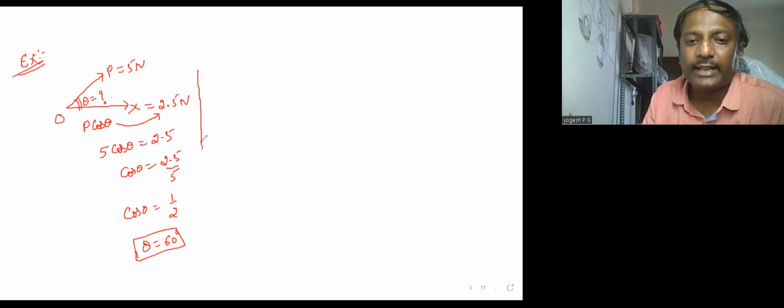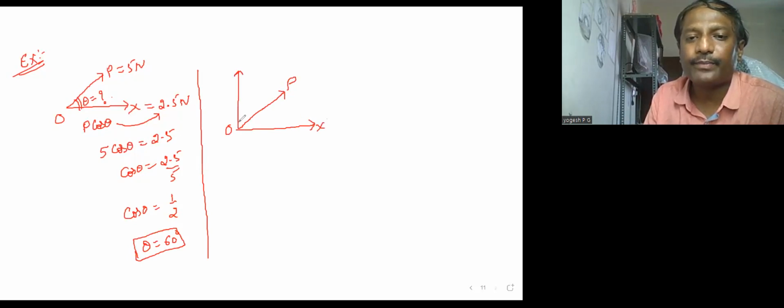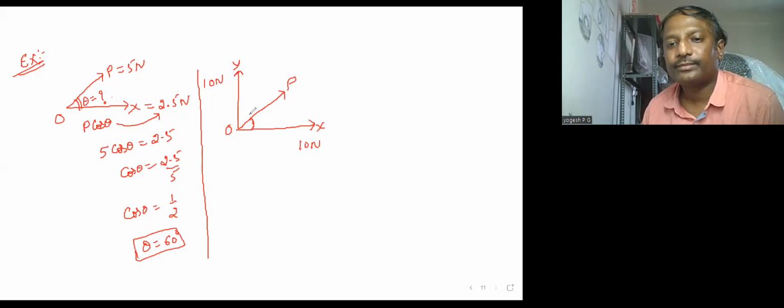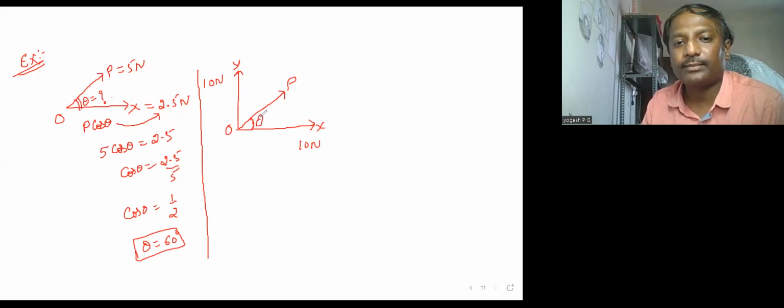There is one vector here, OP. I'm splitting this into OX and OY components. Let us say this is 10 Newton. Y component is also 10 Newton. Can you tell me what is this theta? I resolved P into two components.